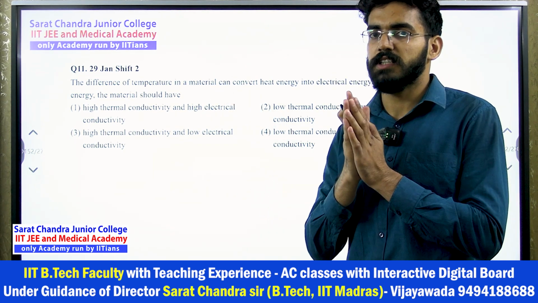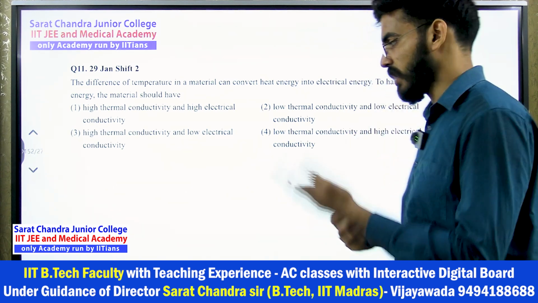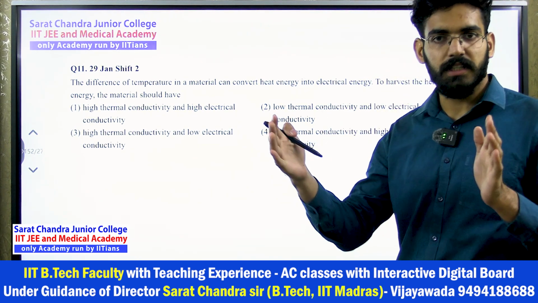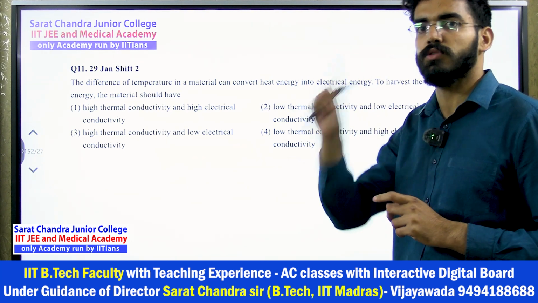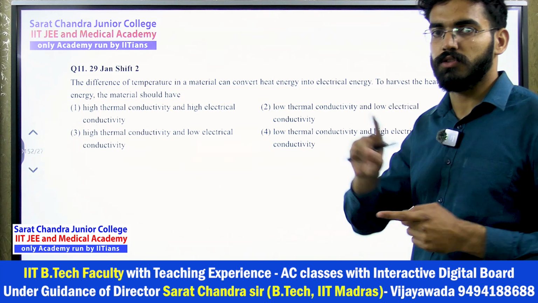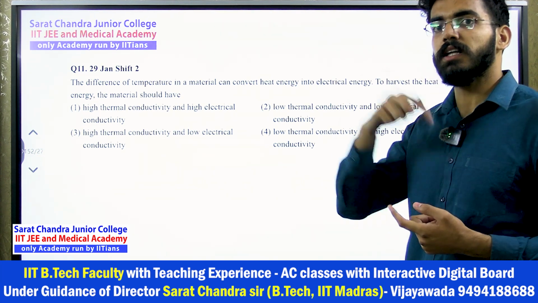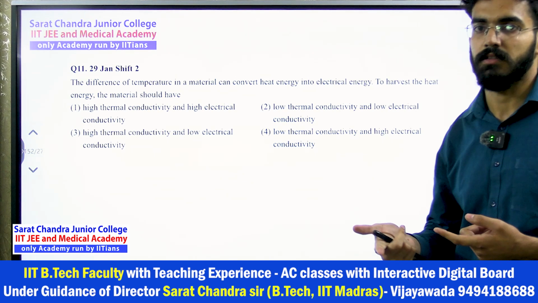If the temperature difference became equal, then there is no flow of current, right? So I want the temperature difference, so my thermal conductivity should be low, the heat should not flow, right? But I want the current to flow, so my electrical conductivity should be high.